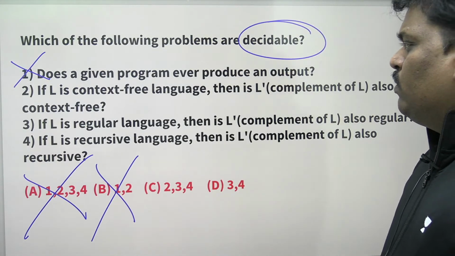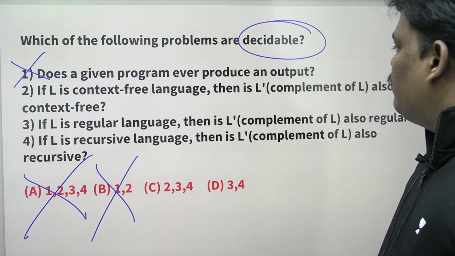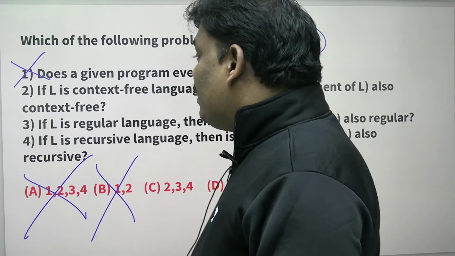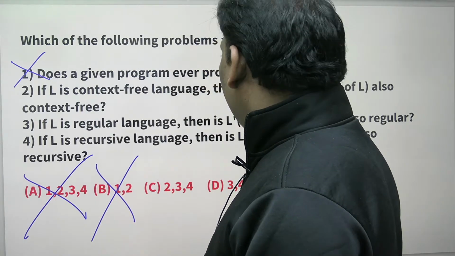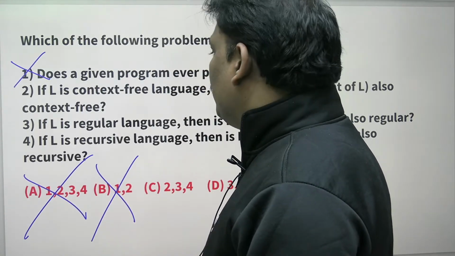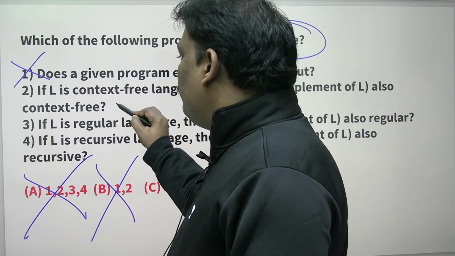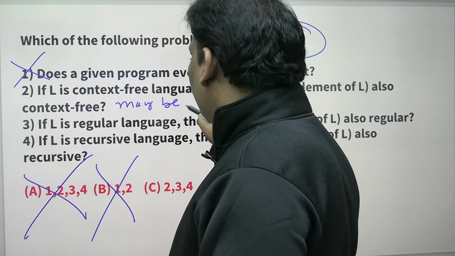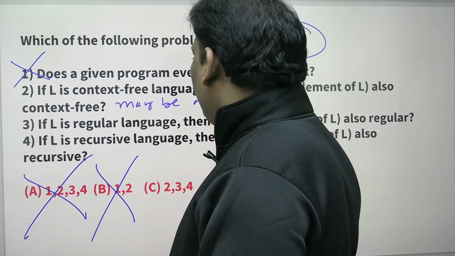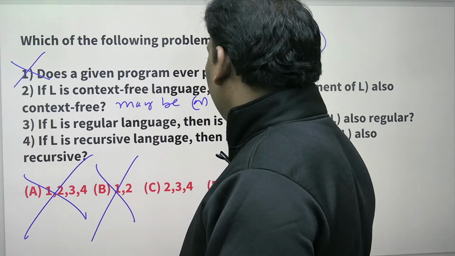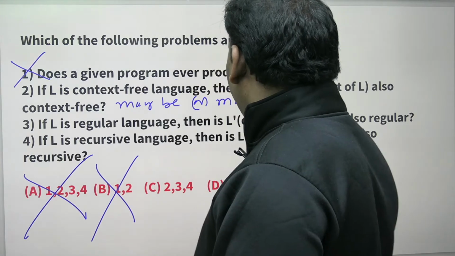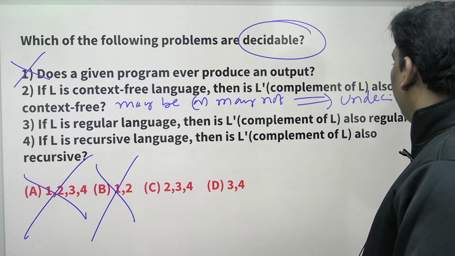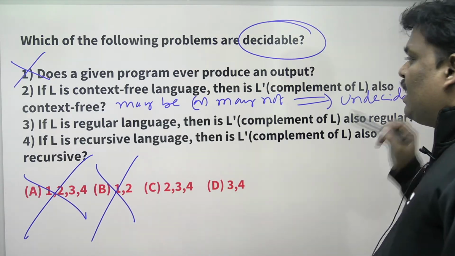Let's go to the second one. If L is context-free, then L complement is also context-free. No, it may be, may not be. Maybe, may not means we cannot say, which indicates it is undecidable.